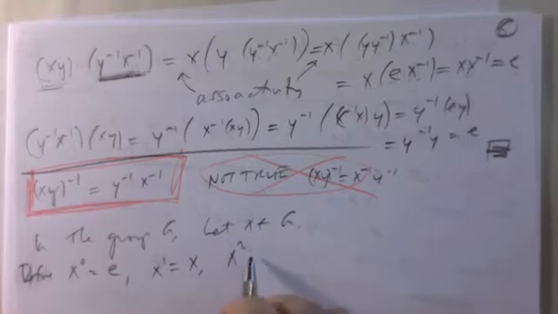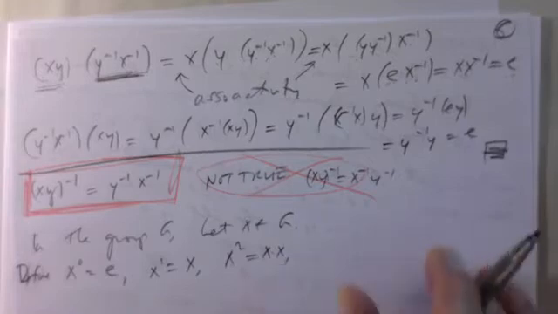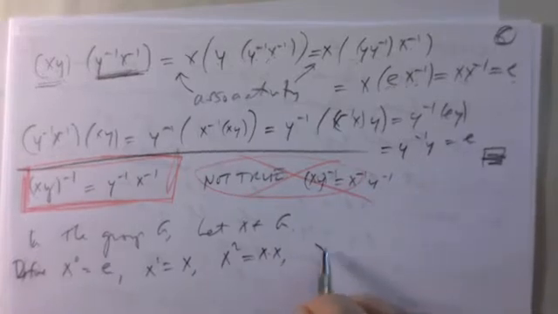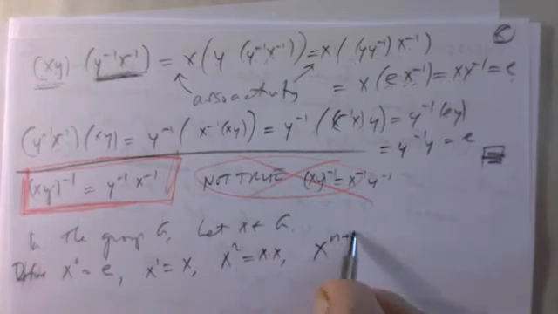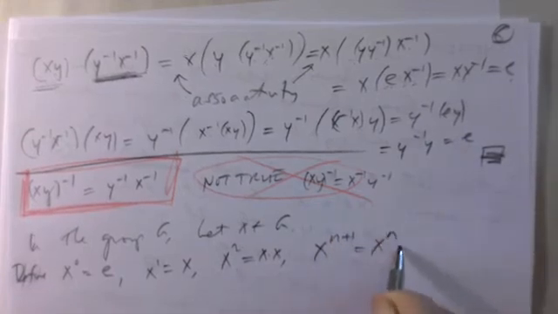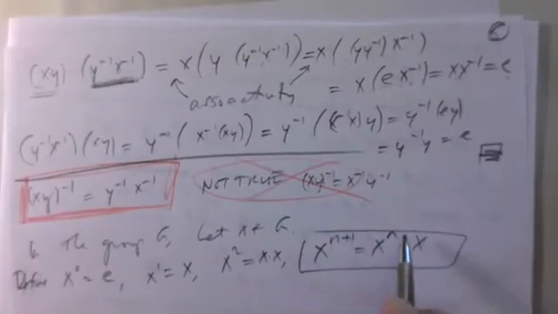X to the first power is X. X squared is X times X. But in general, for any n, if you have defined X to the n, X to the n plus 1 is X to the n times X. This is for n a non-negative integer.